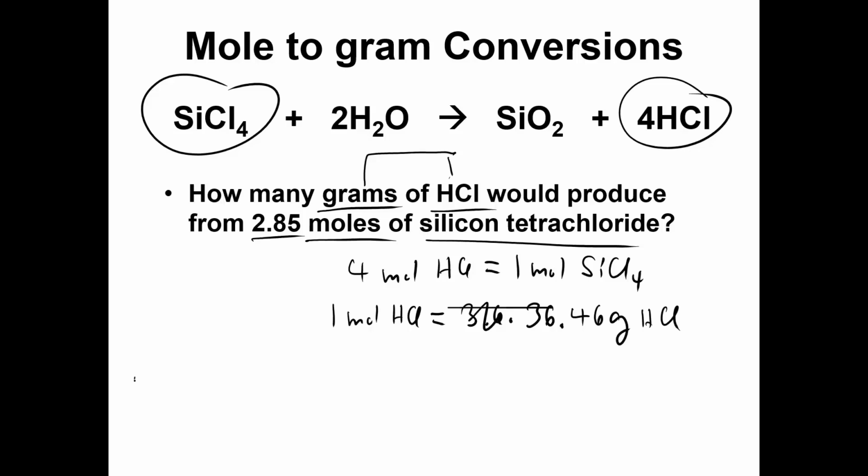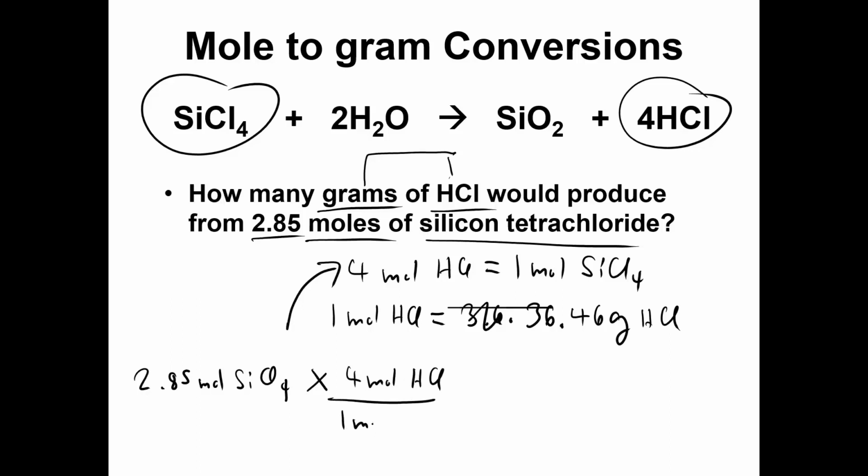Now I can do this one step at a time. I'm given 2.85 moles of SiCl4 times, now use this conversion factor here, 4 moles of HCl divided by 1 mole of SiCl4. This gives me moles of HCl.